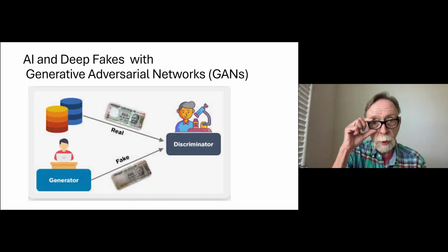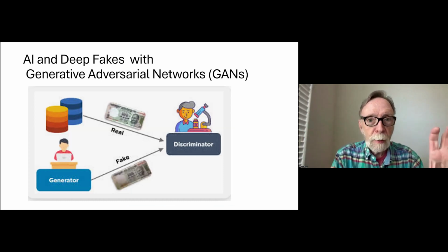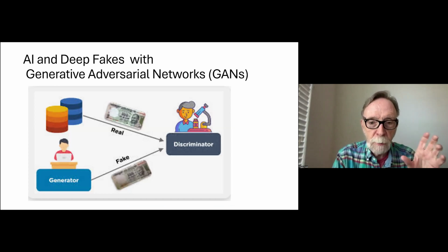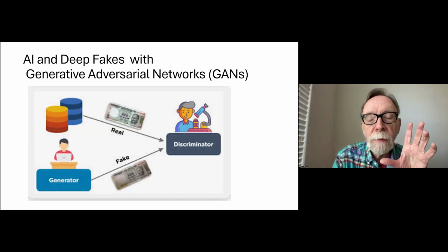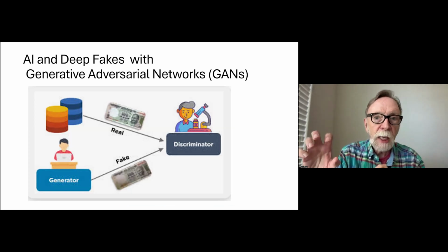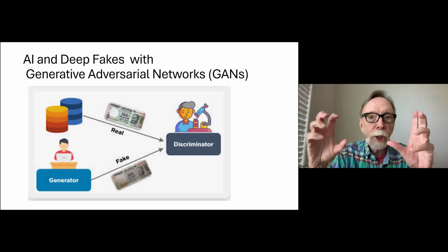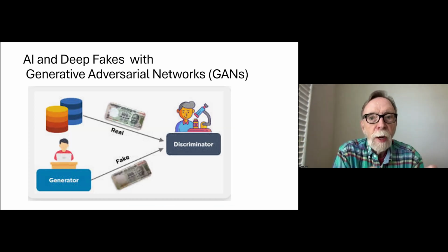The way this works is you have two programs. One program tries to create something, let's say fake currency. You have another program called the discriminator who gets a real picture of the currency and whatever the generator is generating.